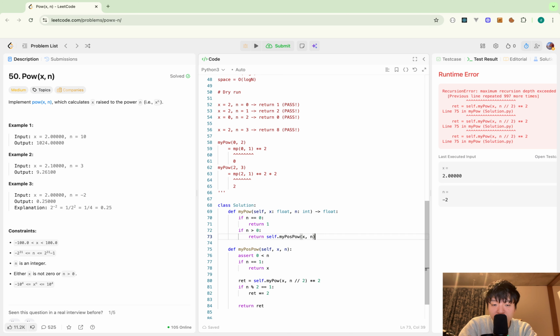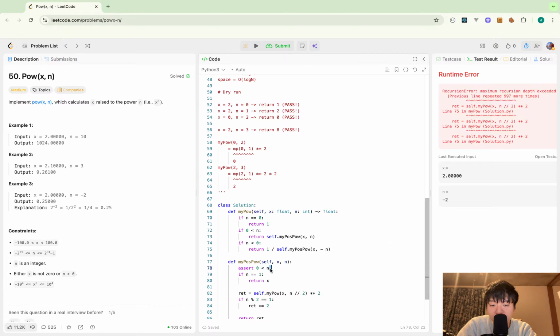If n is positive, I calculate in this way. But if n is negative, I multiply negative 1 to n, and I return 1 divided by this.